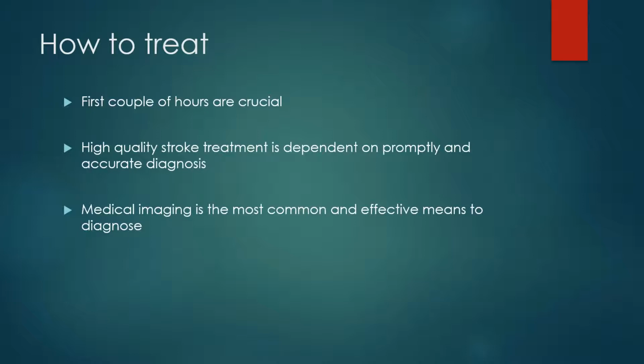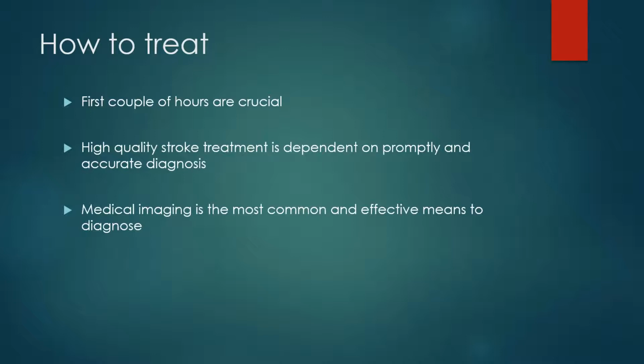So again, high quality stroke treatment depends on prompt and accurate diagnosis. You know the condition of the patient, and you come up with a treatment plan properly. Medical imaging is the most effective means to diagnose.